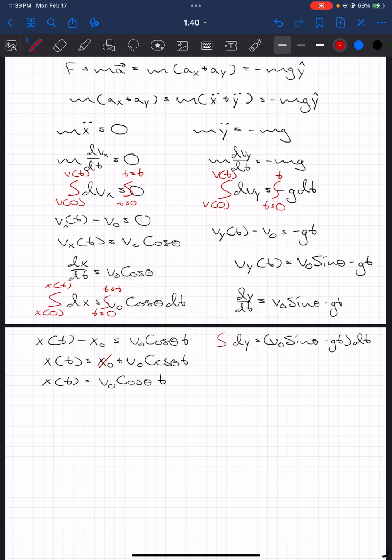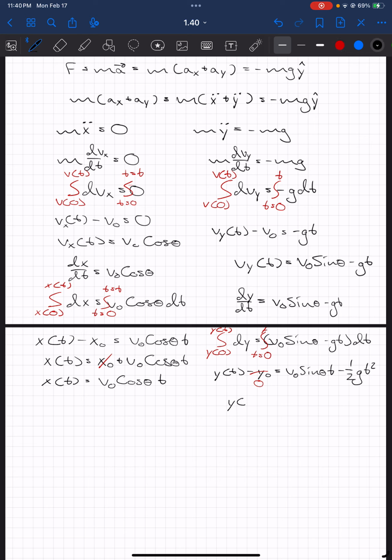Take the integral of both sides, as we did for the x side up there, from y naught to y of t and 0 to t. And we get that y of t minus y naught is equal to v naught sine theta times t minus 1/2 gt squared. And y naught is equal to 0, so just write that as 0.